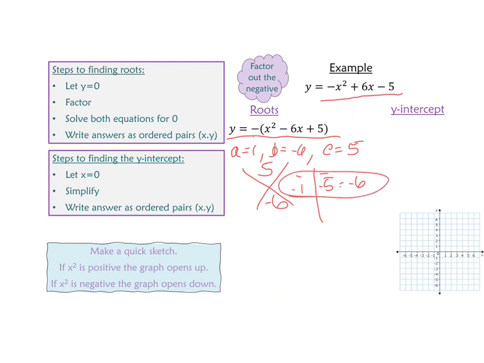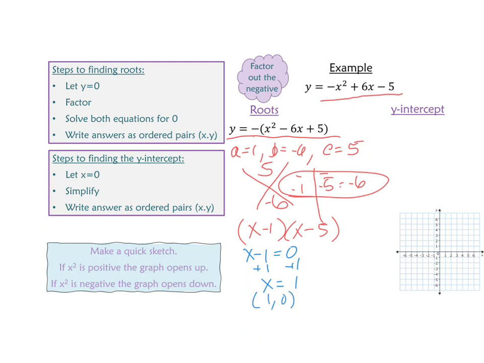So here we go. These are our numbers. x minus 1 and x minus 5. If I plug in and make them equal to 0, I get x minus 1 equals 0, so I add 1, x equals 1, or 1, 0.